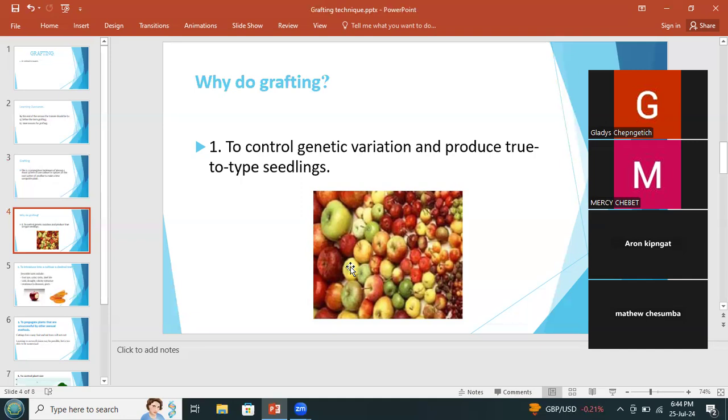So the farmer may decide to use the one with the big fruits as a scion and the one with the small one as the rootstock. So that's why we are doing grafting.